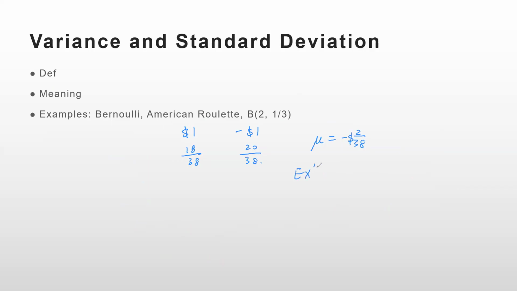And E of x squared would be 1 squared times 18 out of 38, plus 1 squared times 20 out of 38, which is 1. So the variance of x equals E of x squared, which is 1, minus mu squared. Mu is 2 out of 38, that's 1 out of 19. Then you square it: 1 out of 361.